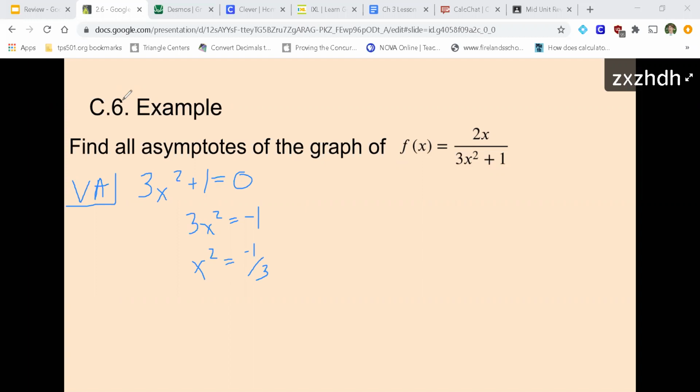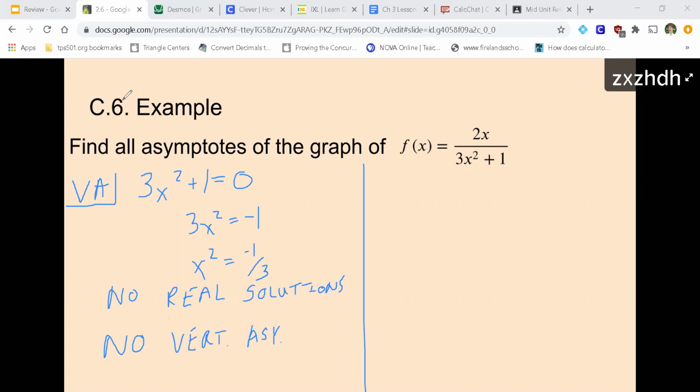Uh-oh, if I square root this, square rooting a negative means I'm going to have an imaginary number, so there's no real solutions. So this has no vertical asymptotes. It's impossible for the denominator to equal 0.